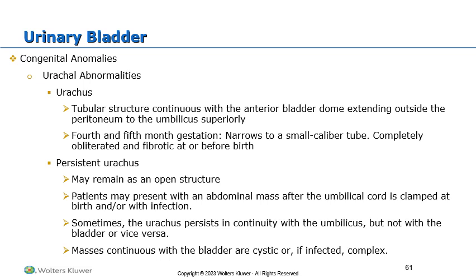So it can stay open, patent, or persistent all the way from the bladder to the umbilical cord. It can seal off from the bladder near to at the bladder and then remain open from the umbilicus in. I think that's the sinus.